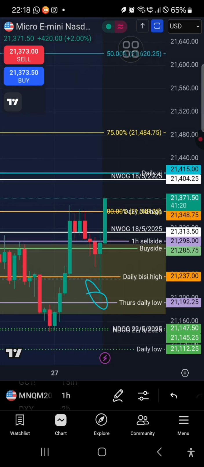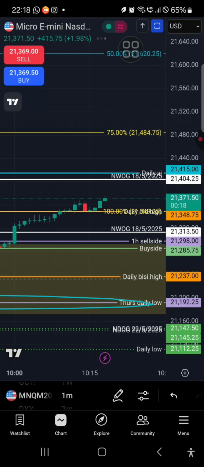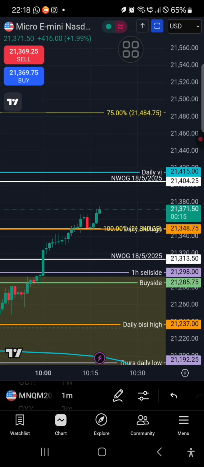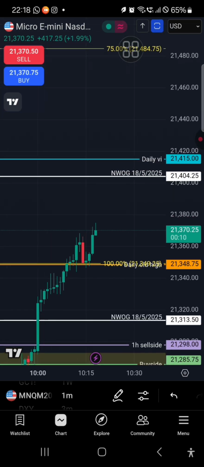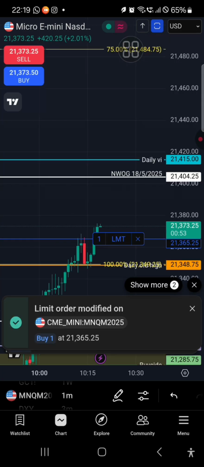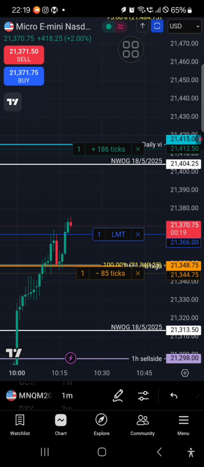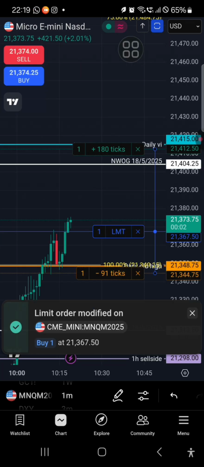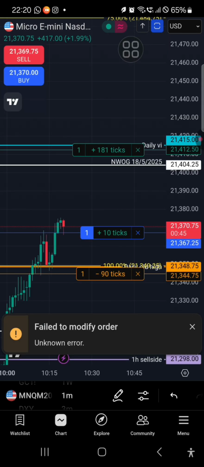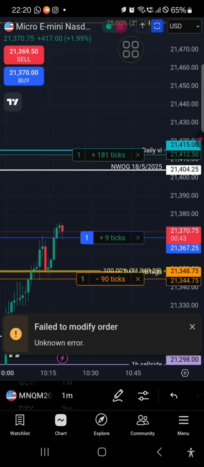So I'm going to go 1 minute short. Right here the silver bullet fair value gap formed. I'm just putting on a limit order. That will be the trade.